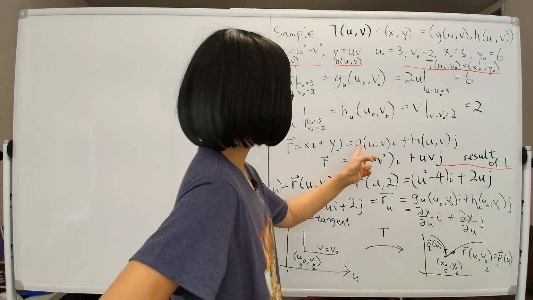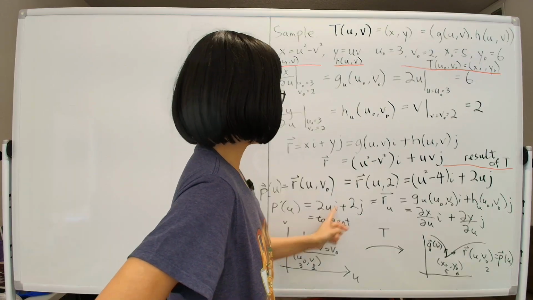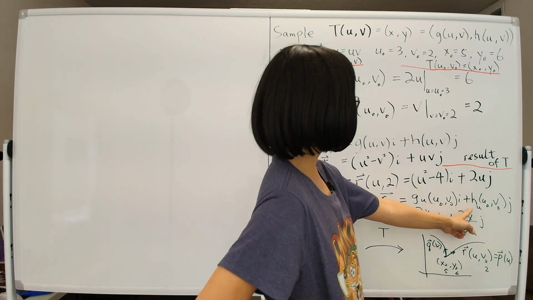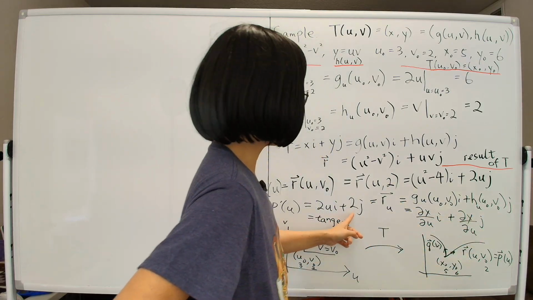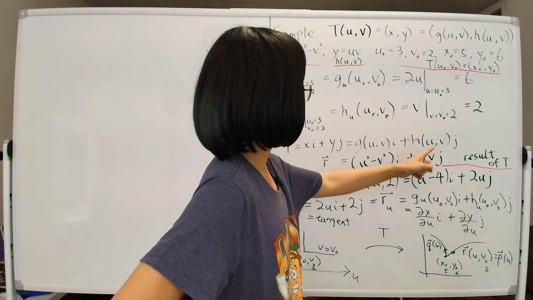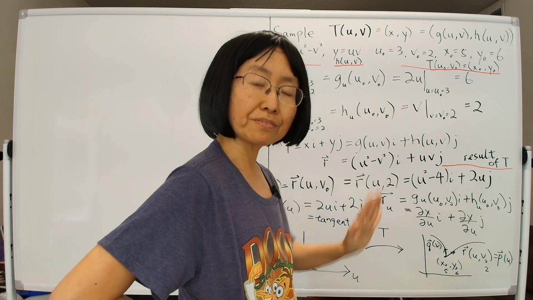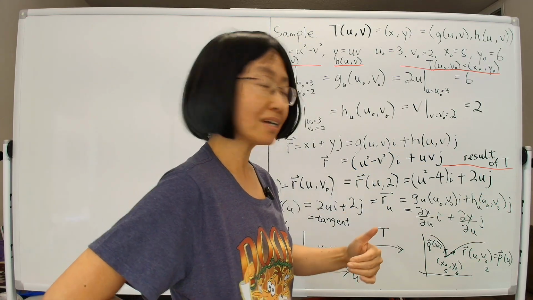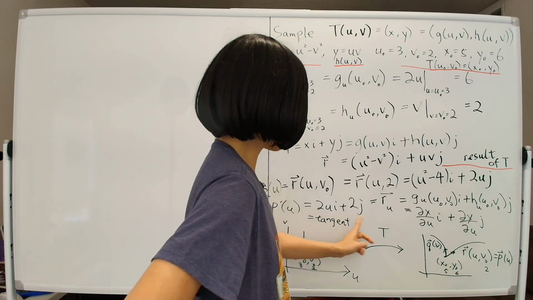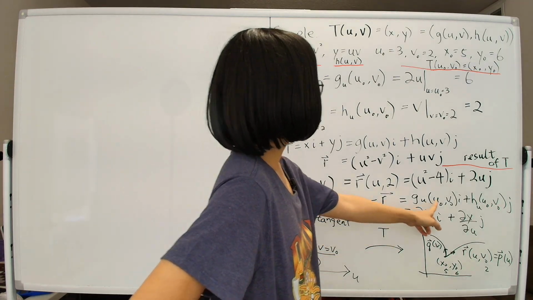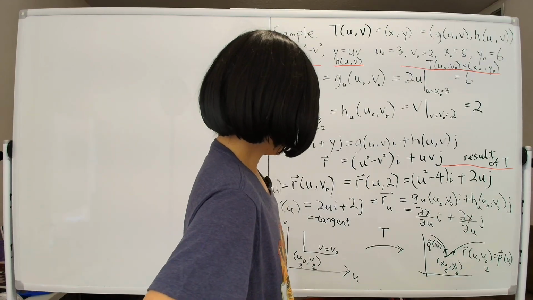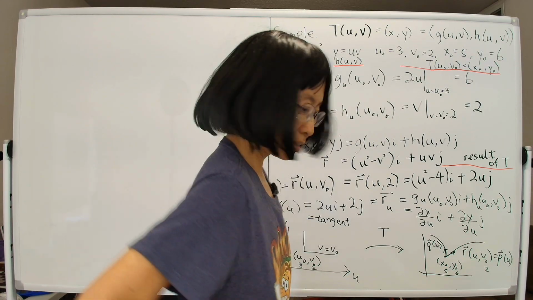The partial derivative of g with respect to u is just 2u, the same as this. And similarly, the partial derivative of h with respect to u is just 2. When we take partial derivatives, the other variable is held constant for the moment. So then all this works out. And I'm also evaluating at u0, v0. Is it u0, v0? No, let me see.